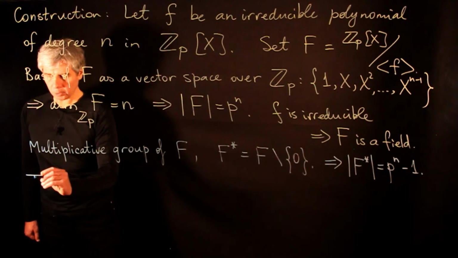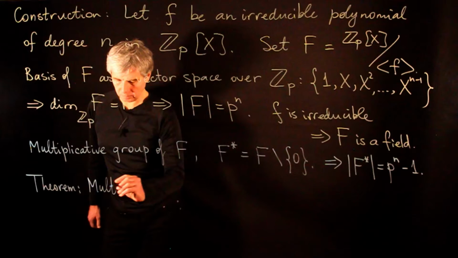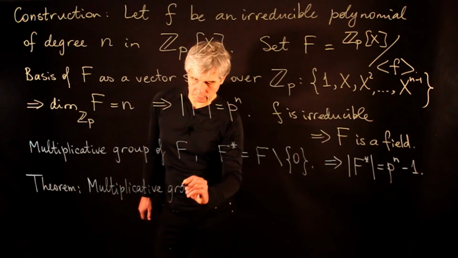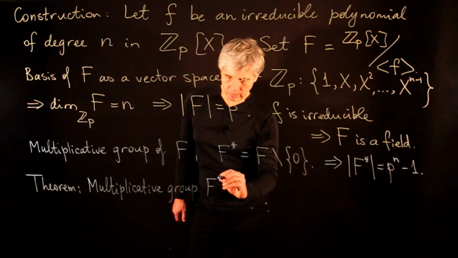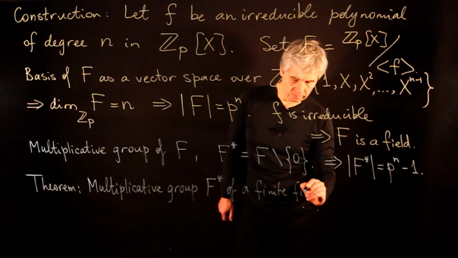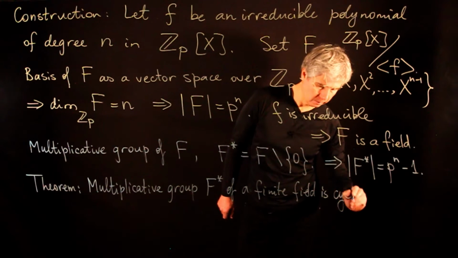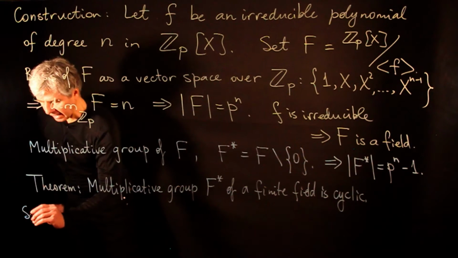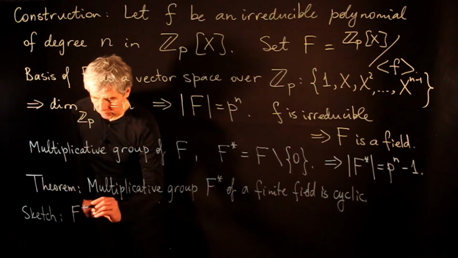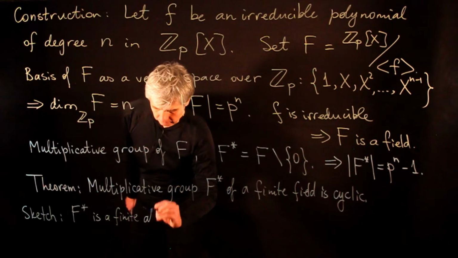We have the following important theorem. The multiplicative group F star of a finite field is cyclic. Let's give a sketch of a proof. We know that this multiplicative group is a finite abelian group.